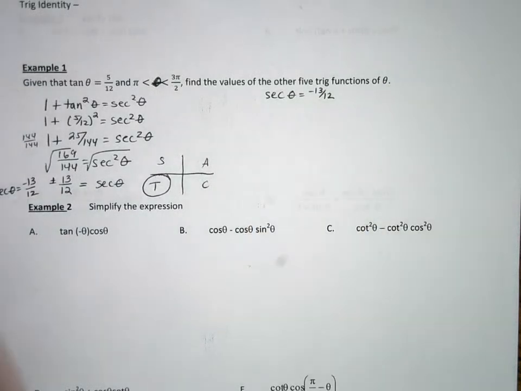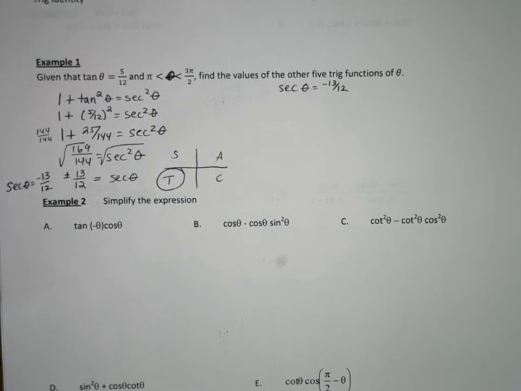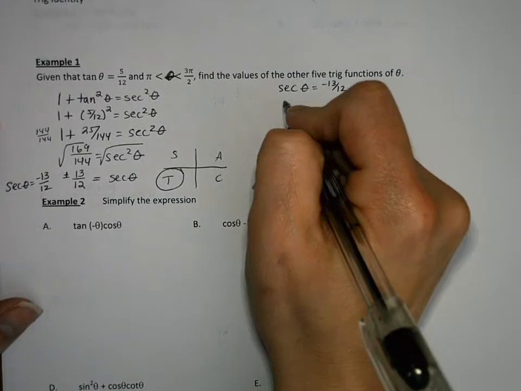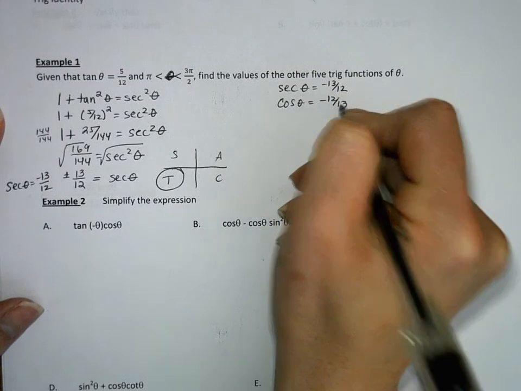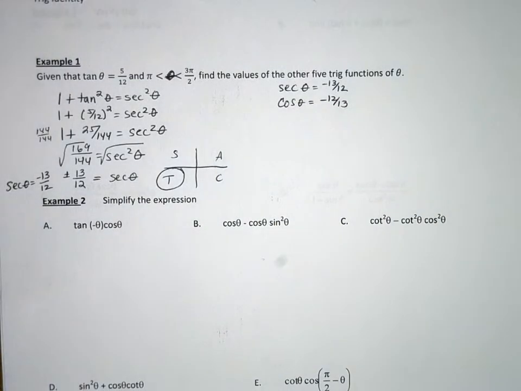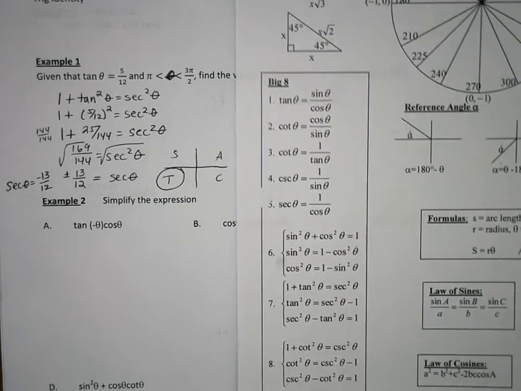Okay, so I start out, secant of theta is negative 13/12. Now, the minute that I know that, what do I also know? Cosine. How much is cosine? Negative 12 over 13. All right. Now, we're going to use a trig identity from before.